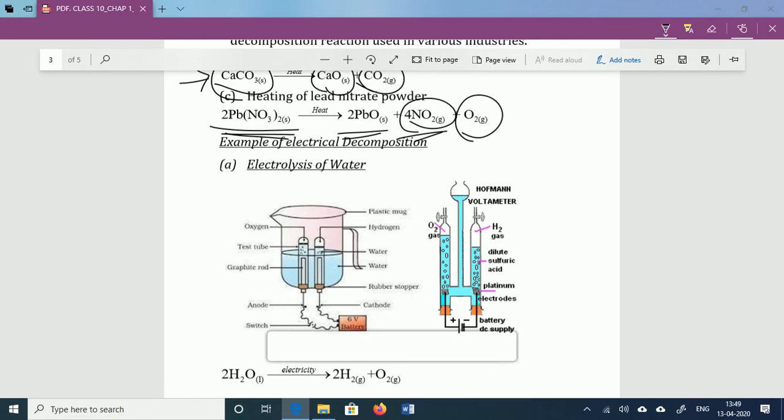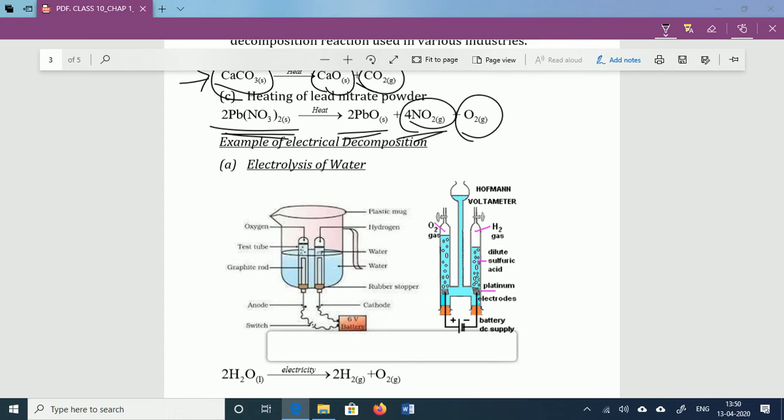The water structure is H2O. How to separate the hydrogen and oxygen from the H2O molecule? We cannot separate them by providing heat. If I increase the temperature up to 1000, 2000, 3000, the water molecule is not going to degrade or undergo the breakdown process.